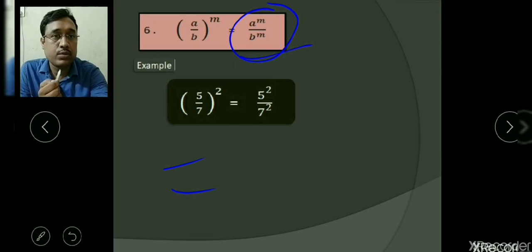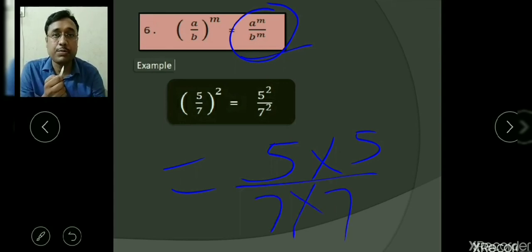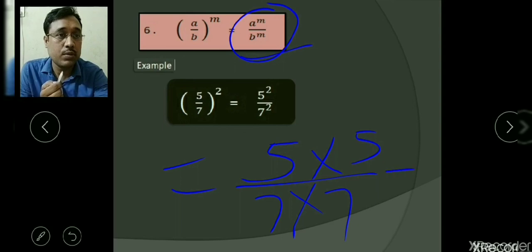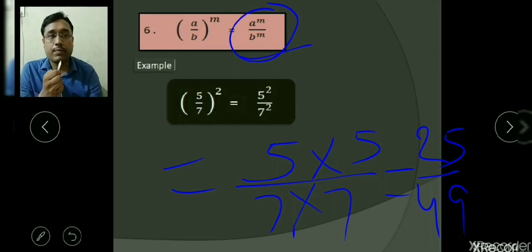Then you will write: equals 5 square by 7 square, which means 5 into 5 by 7 into 7. This we will write, students. So this will be equal to 25 by 49. 5 square is 25 and 7 square is 49.